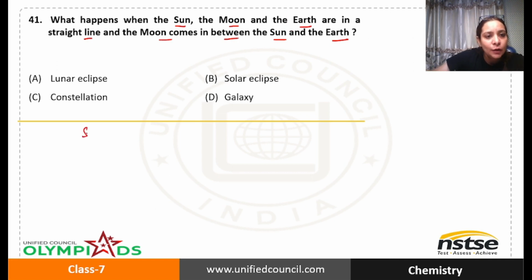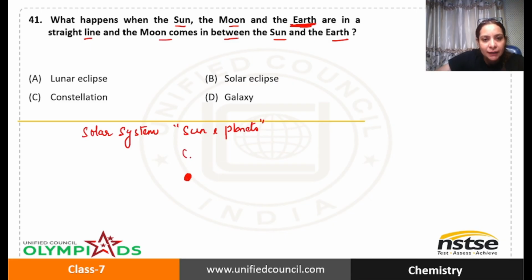Let me tell you, as you all know, the solar system comprises the sun and the planets. All planets are revolving around the sun, and all planets are special because they have certain special features. The sun is present at the center of the solar system. If we talk about one of the planets, Earth, which is given in the question, we know Earth is our planet where we live.